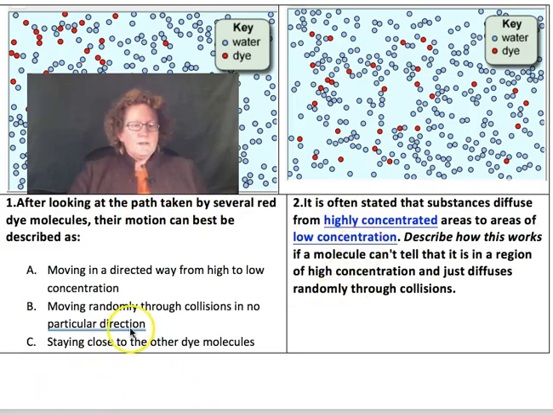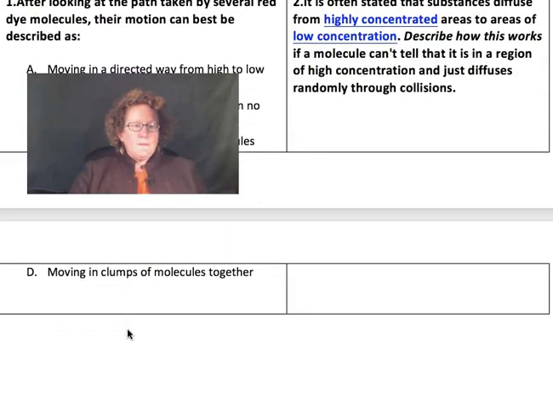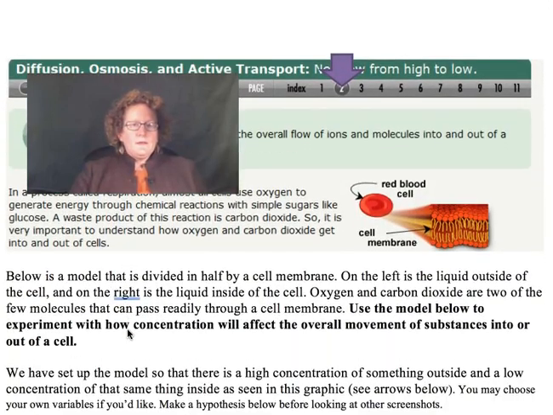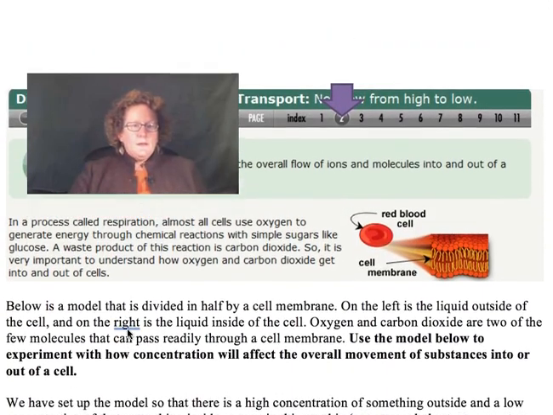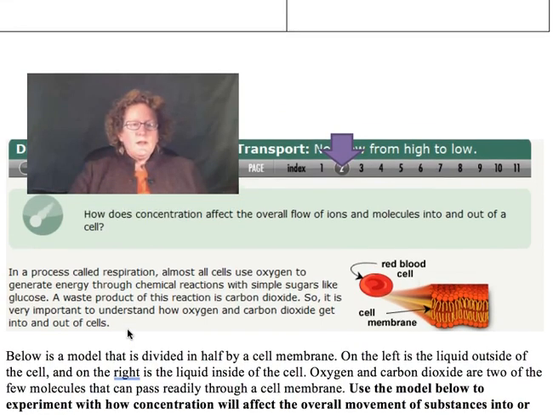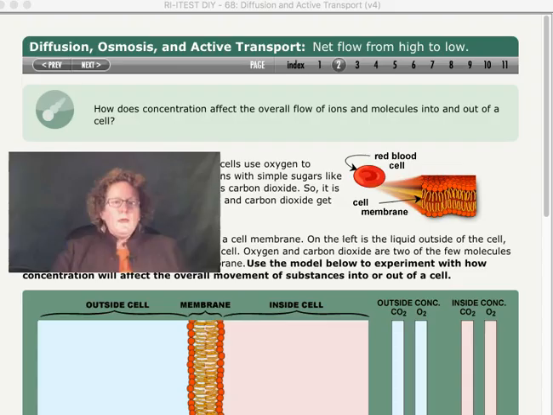Now we'll progress down the worksheet and talk more about diffusion and how it affects cells. So the next big question we're going to talk about is, how does concentration affect the overall flow of ions and molecules into and out of a cell?